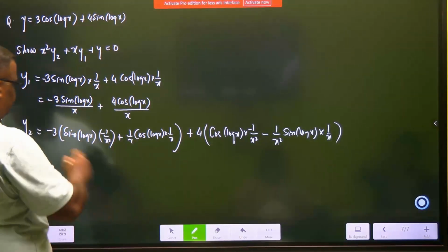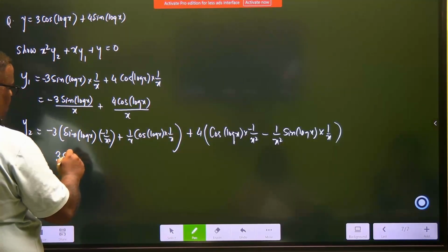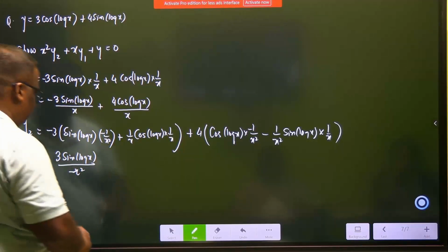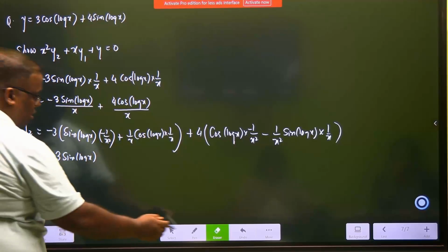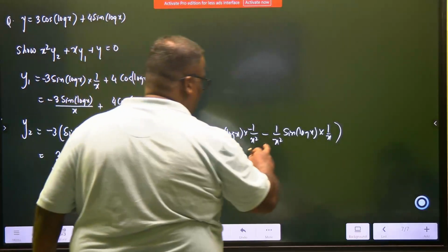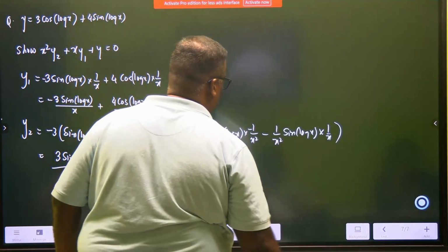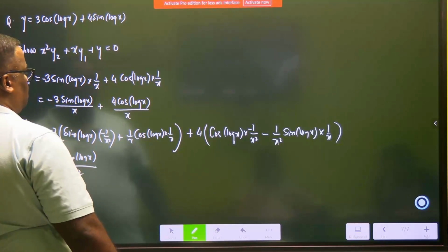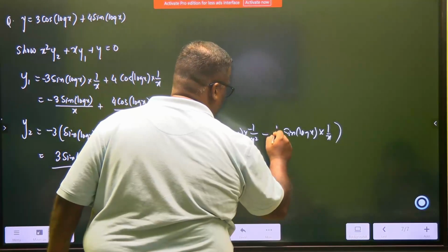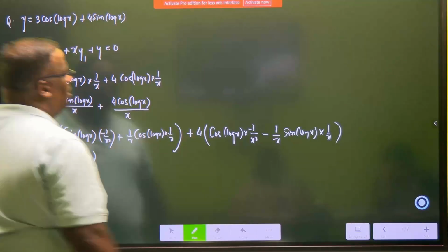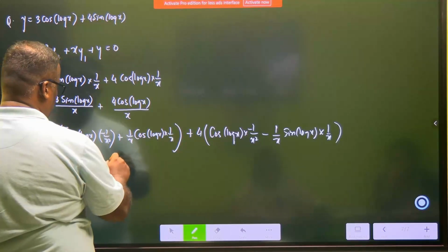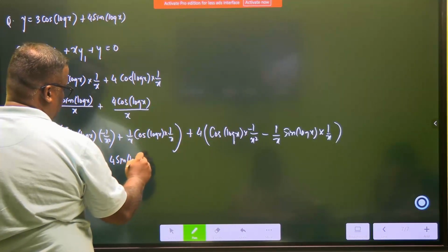So we have 3 sine log x by x square, and this is 4 sine log x by x square, minus 4 sine log x by x square.